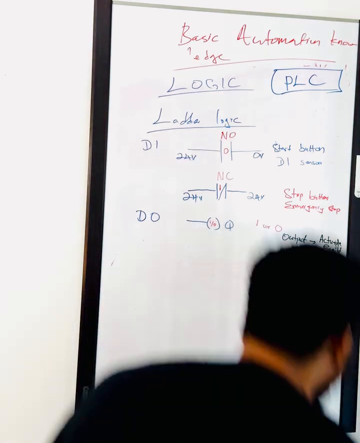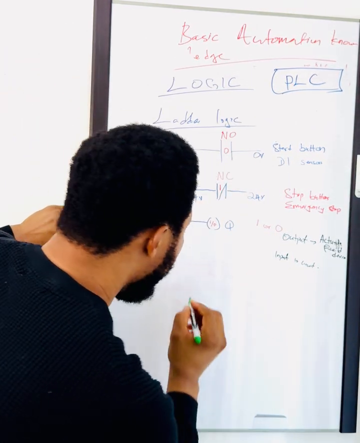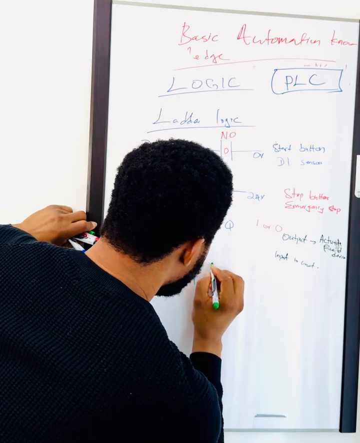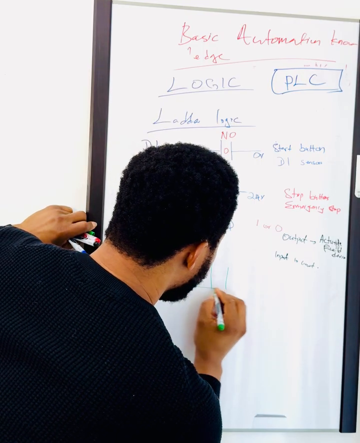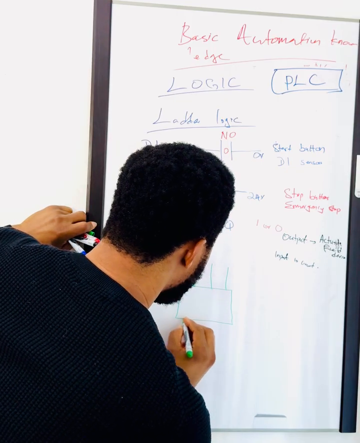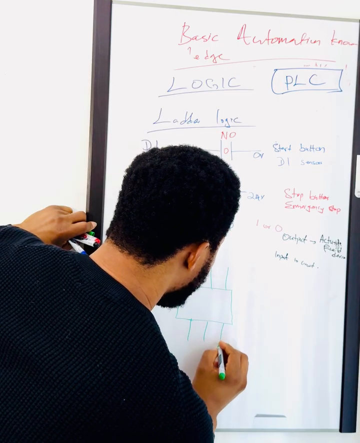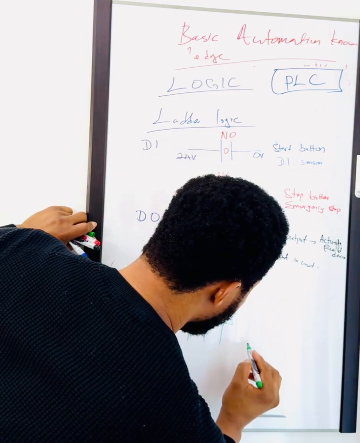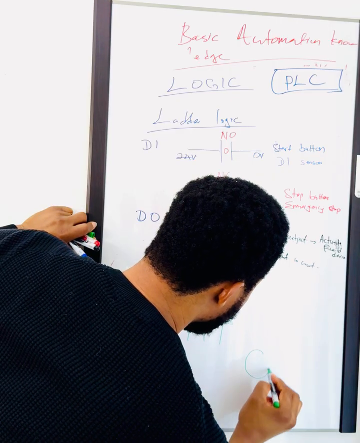For example, you have your wiring diagram, then you have a contactor, then output. Then this output goes to your electric motor.